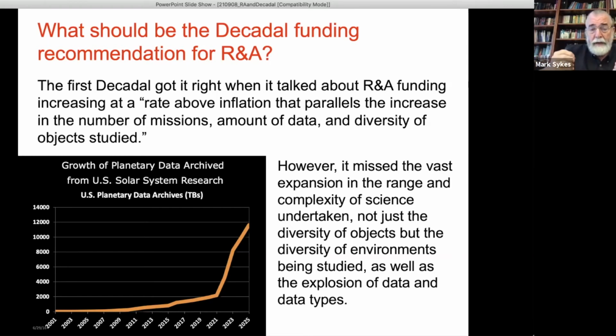And so I include a little plot here from the PDS on their anticipated data volumes to be archived in the near future. And you see that it blows up.